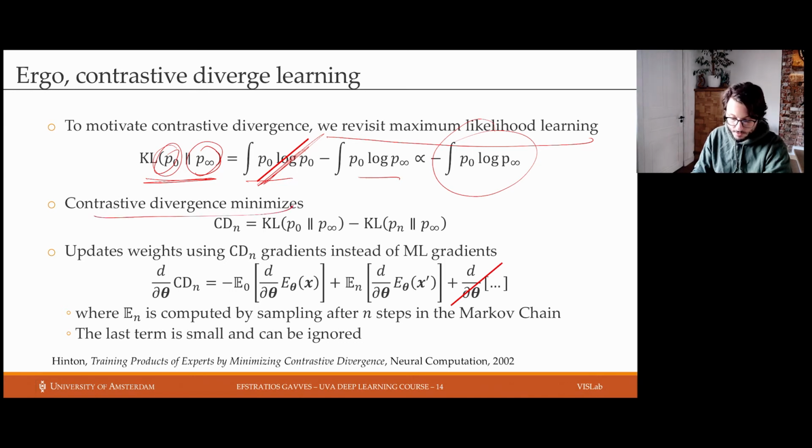This is what maximum likelihood does. What contrastive divergence does is something similar in a way. The first term is exactly the same as above.